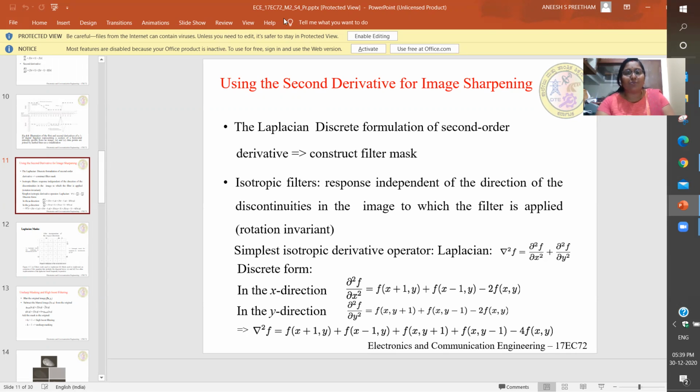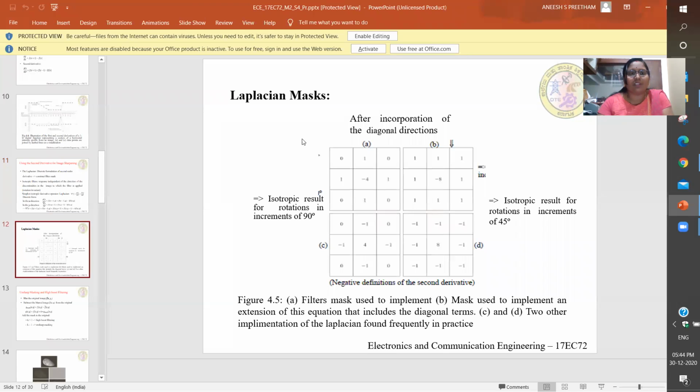So del square f is equal to f of x plus 1 comma y plus f of x minus 1 comma y plus f of x comma y plus 1 plus f of x comma y minus 1 minus 4 f of x comma y. So this equation can be implemented using these Laplacian masks.